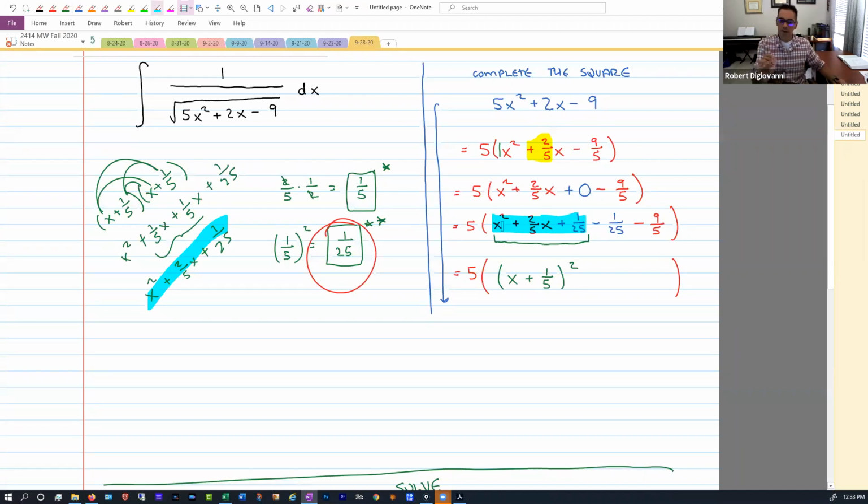Those first 3 terms are guaranteed. That's not a coincidence. By design, this is what completing the square is all about. Now, what's still left and what we still have to resolve is this -1/25 - 9/5. We have to still put those together now.